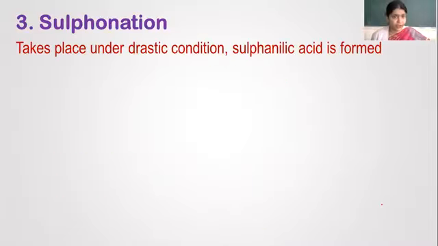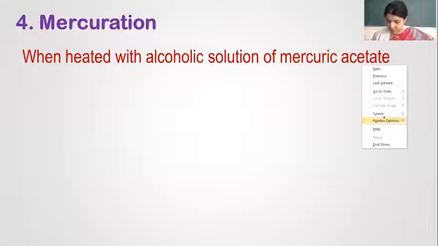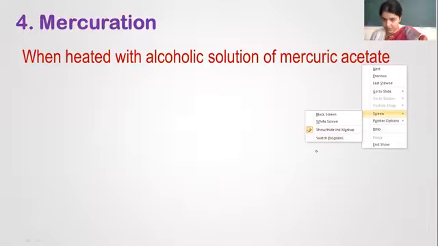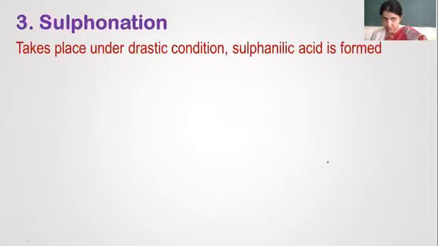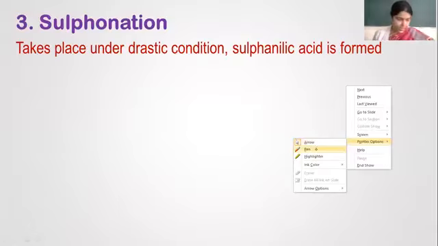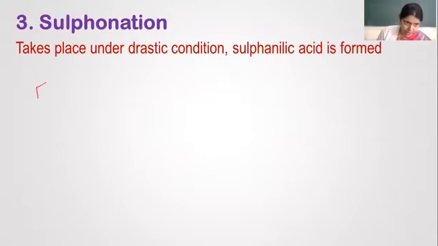The third reaction is sulfonation. This reaction is unusual. Why is it unusual? Because it takes place under drastic conditions, that means in the presence of strong acid and at high temperature. For example, the reaction of aniline with H2SO4.